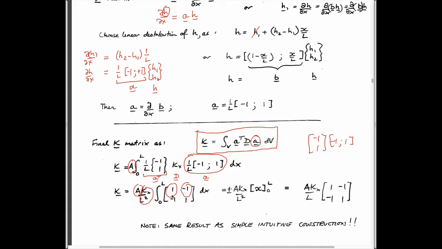So if you take one of the terms, which is just this is just dx, then, why don't I write it out?